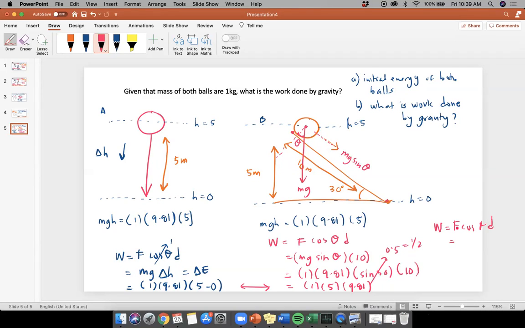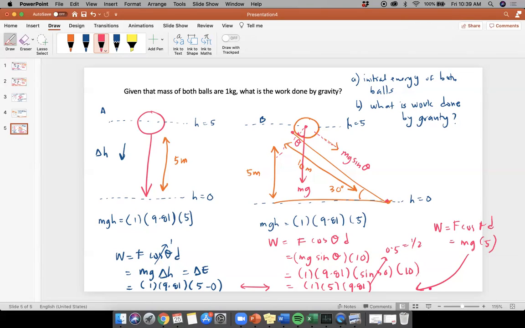So the displacement in the direction of gravity is 5. So mg times 5, which is the same again. Here it's important to know that the change in energy is the same, no matter what happens in between, no matter how you try to solve it.